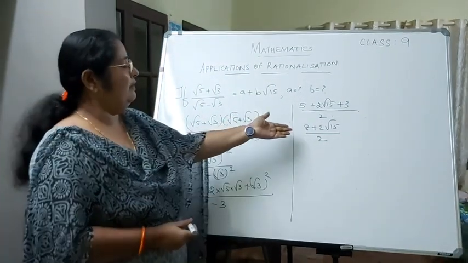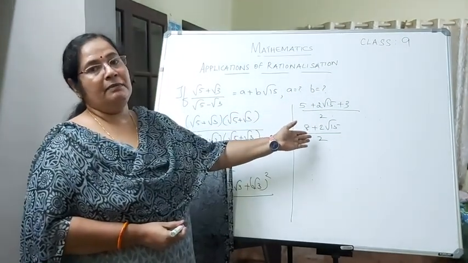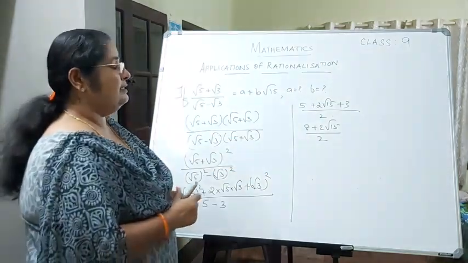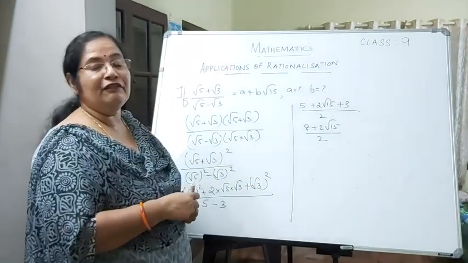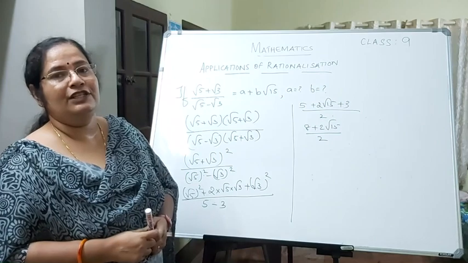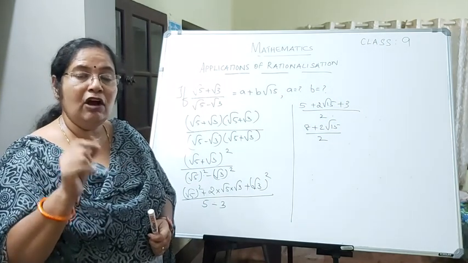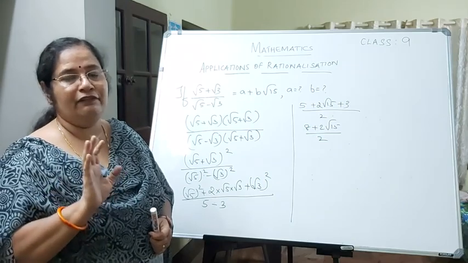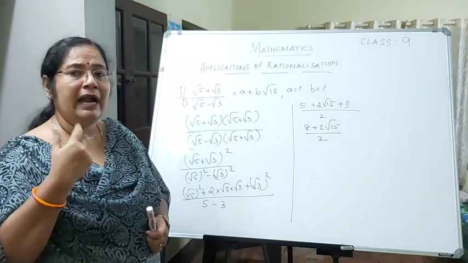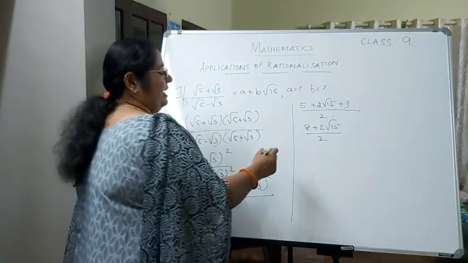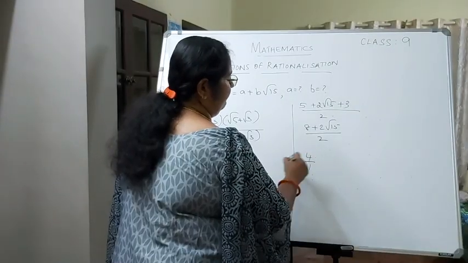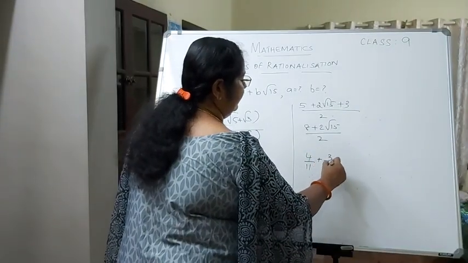Now this can be further simplified. Let's go back to like fractions. What are like fractions? Fractions having the same denominator are called like fractions. Now how do you add like fractions? Suppose you have 4 by 11 plus 3 by 11.